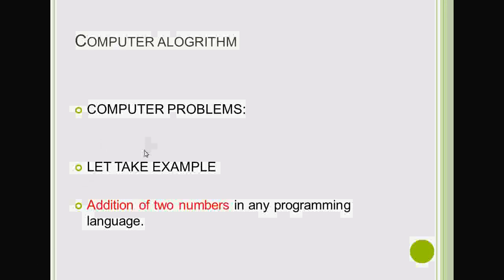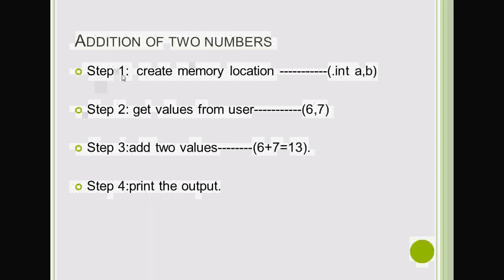Let's take an example to understand what is meant by computer algorithm. Suppose you are asked to write a program to add two numbers. What can you do? Think about the steps you have to carry out to add the two numbers.